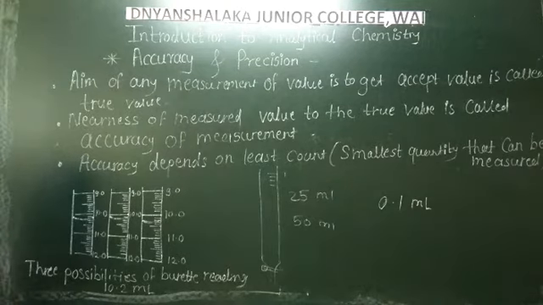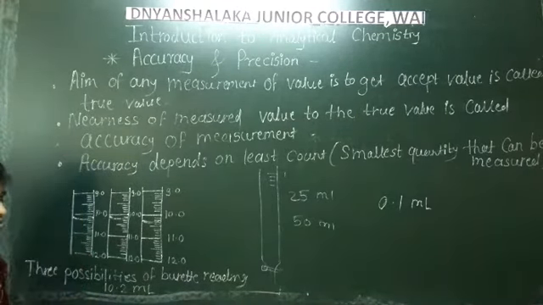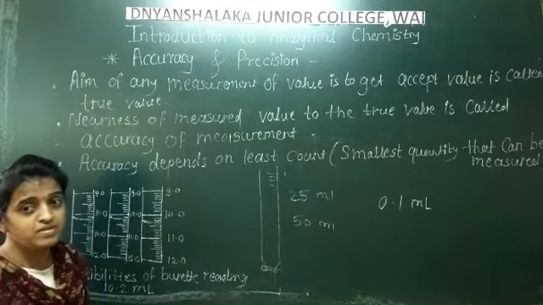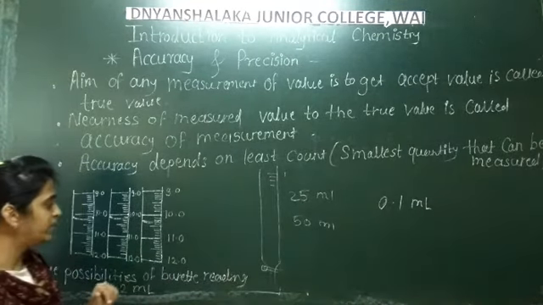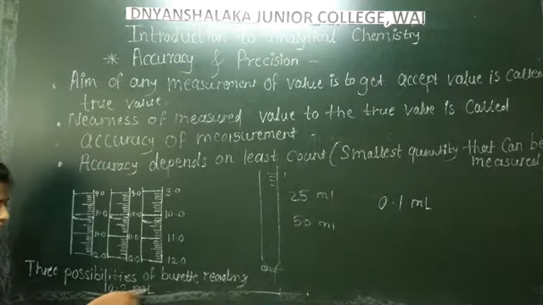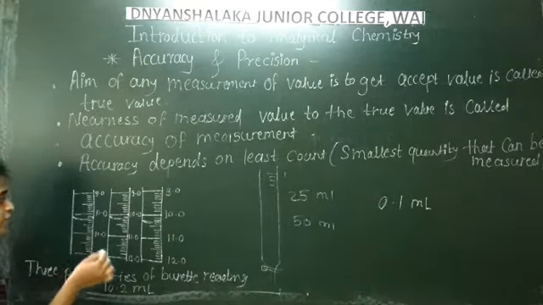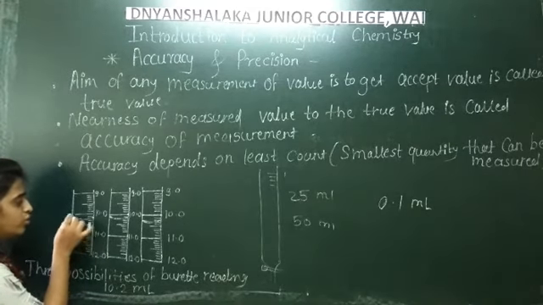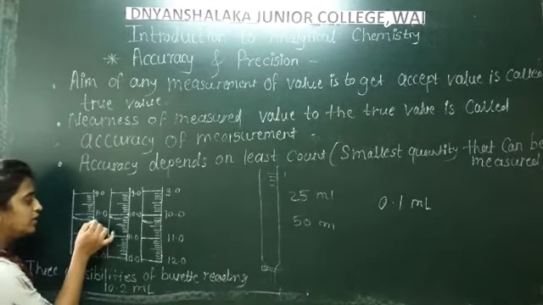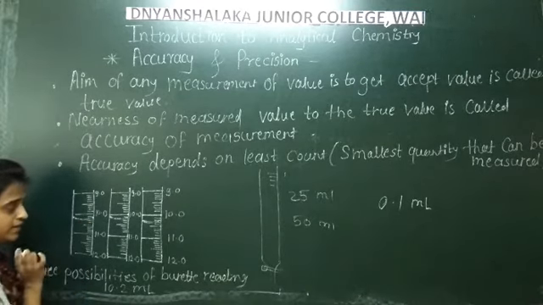So the student performs the experiment and gets three possibilities of burette reading. In titration we take three readings of volumetric titration. In the first reading we get 10.2, where the lower meniscus is near 10.2, but the actual is 10.3.